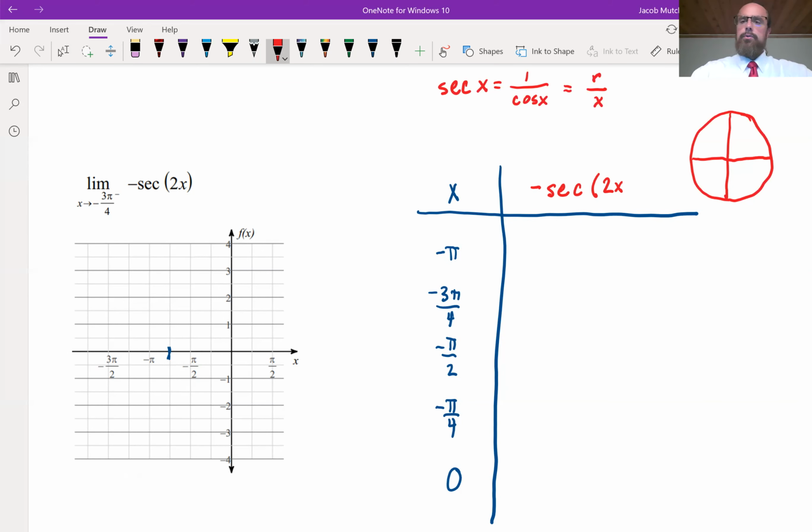And that'll get us started. So let's use this definition of secant in our chart with the unit circle to come up with these function values, the y values. So our first substitution is negative pi for x. So it's negative secant of 2 times negative pi. So then I'm going to simplify that angle measure. So it's negative secant of negative 2 pi. So I need to locate negative 2 pi on the unit circle.